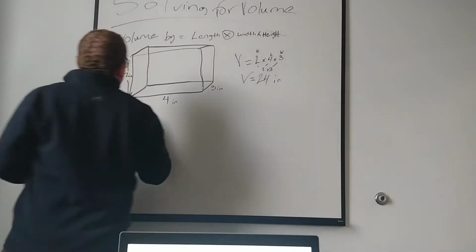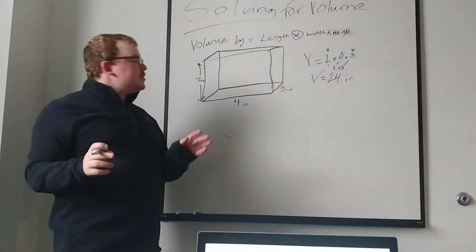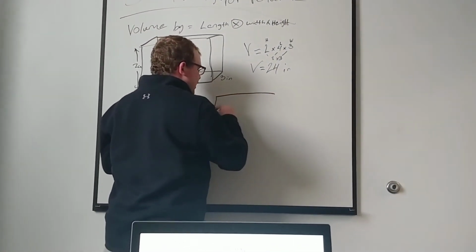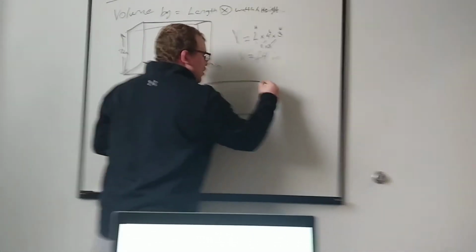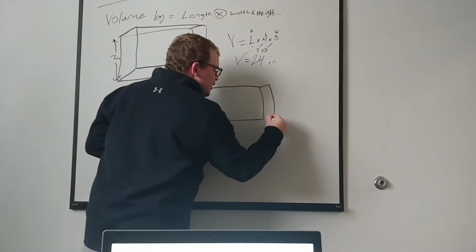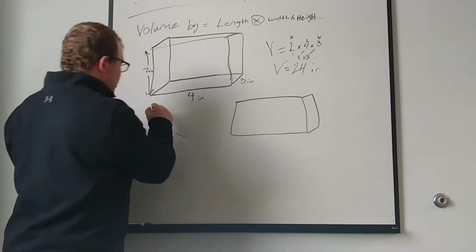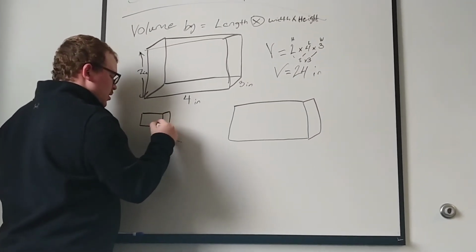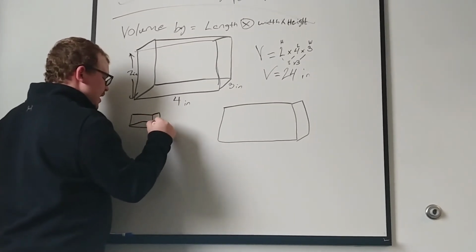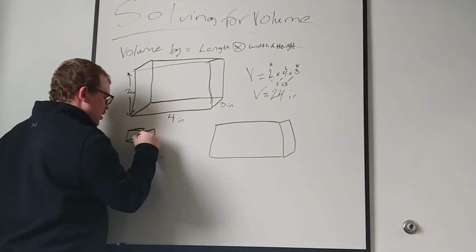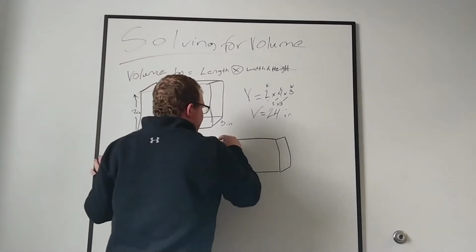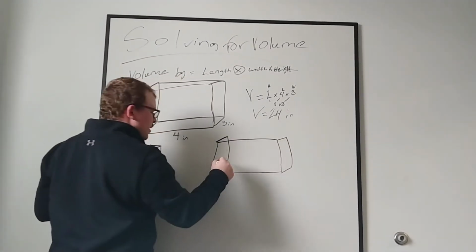Okay, so for our activity today, students, we're going to be making our rectangular prisms using our 3D blocks. So our 3D blocks would look like this. And we're gonna have them stacked up to make our rectangular prism.